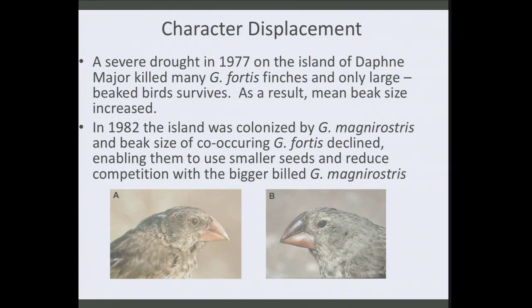And so they can go back to the beak sizes that were found without that competition. However, in 1982, when a larger bird colonized that island, the beak size declined. And so competition will drive this character displacement, and you'll get specialization more often occurring when competition exists.